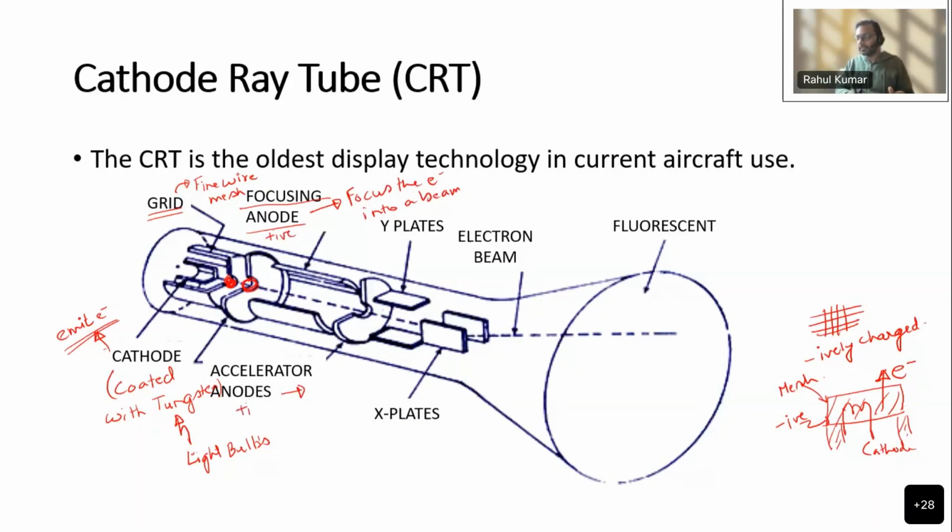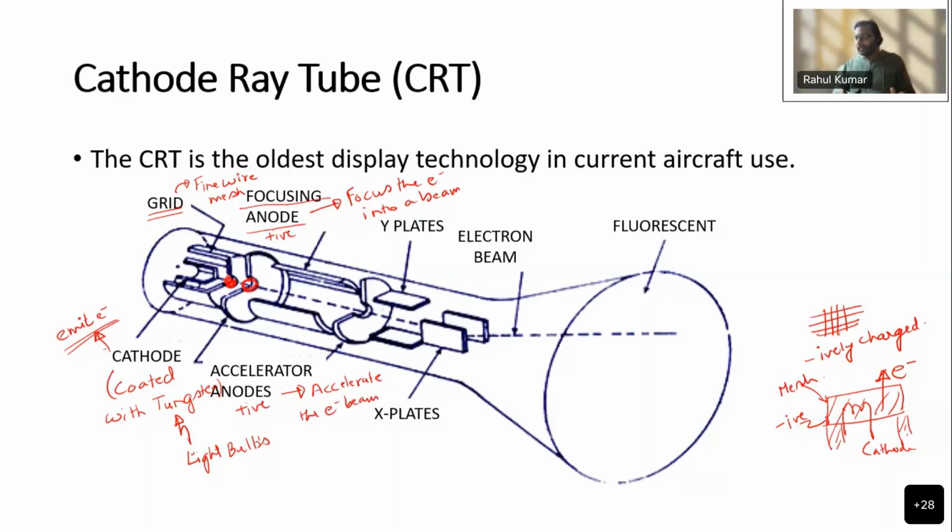All the anodes are positively charged, and the accelerator anode will accelerate the electron beam. So they all use different potentials, or different values of positive charge, to pull the electrons out, focus them into a small beam, and then provide acceleration.